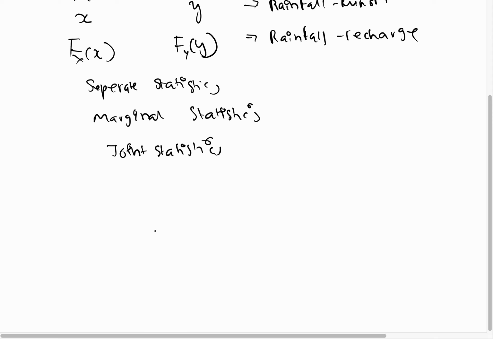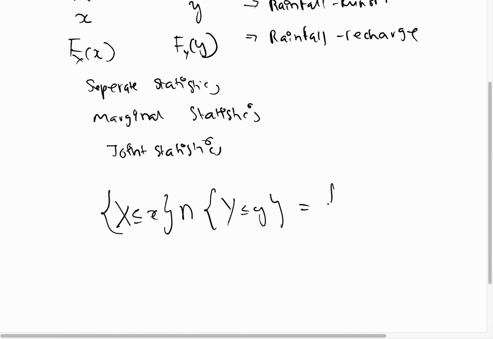What we are concerned with here is this: if I have a random variable X which takes value x, so X less than x, in intersection with another random variable Y less than y, we simply write it as the probability of capital X less than x, comma, capital Y less than y.